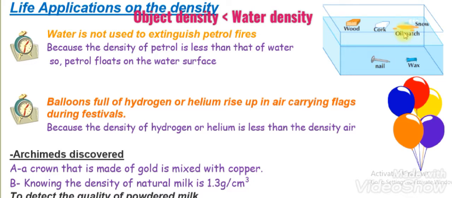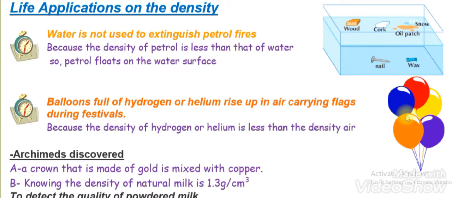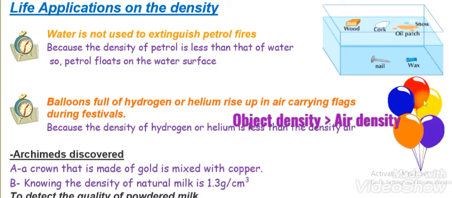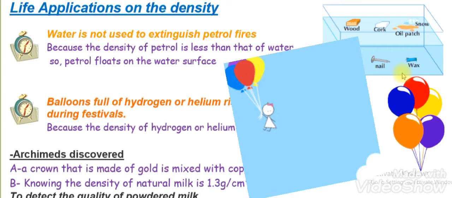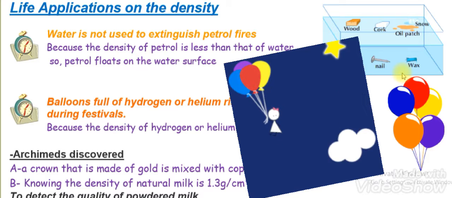On the other side, when we have substances or objects in the atmospheric air, in this case we compare the density of the air and the density of the substances. So when the substance's density is less than the density of air, then the things will float or can fly in the air.